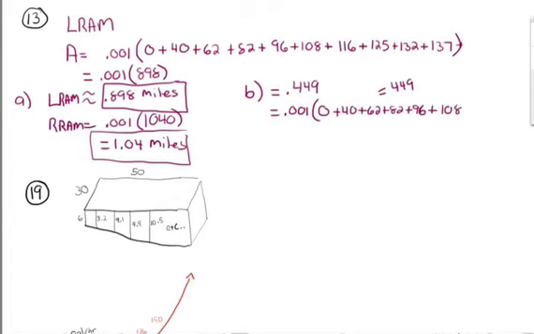Let's see what that gives us. 108 plus 96 plus 82 plus 62 plus 40. That's 388. So let's add in the next one. And that's 504. So going to here, that gets me 504. And again, that's going to be closer to the halfway point of my upper estimate.